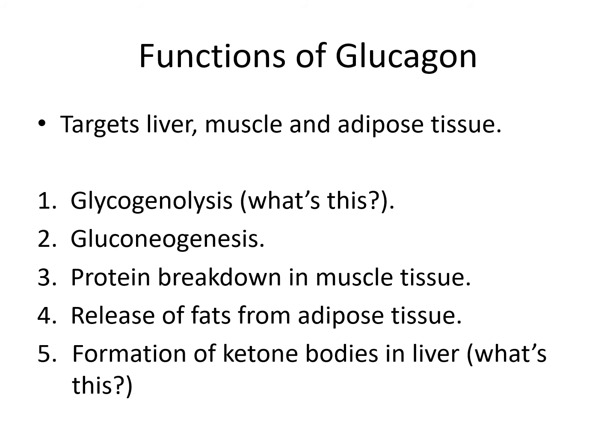Gluconeogenesis. Okay, this is the ability to form new glucose from other energy sources. It will stimulate protein breakdown in muscle tissue, and it releases fats from adipose tissue. And it will help form what are called ketone bodies in the liver.